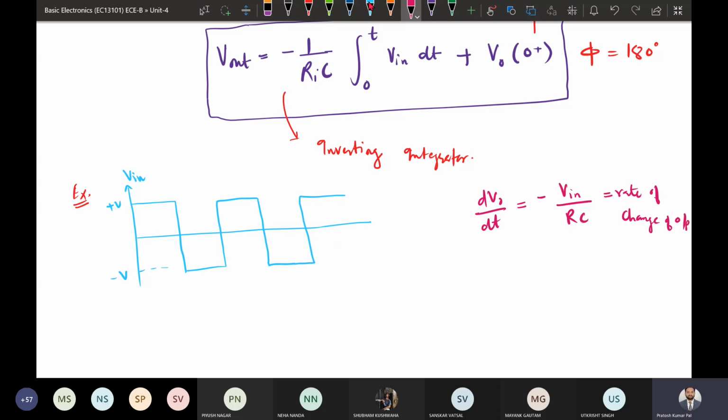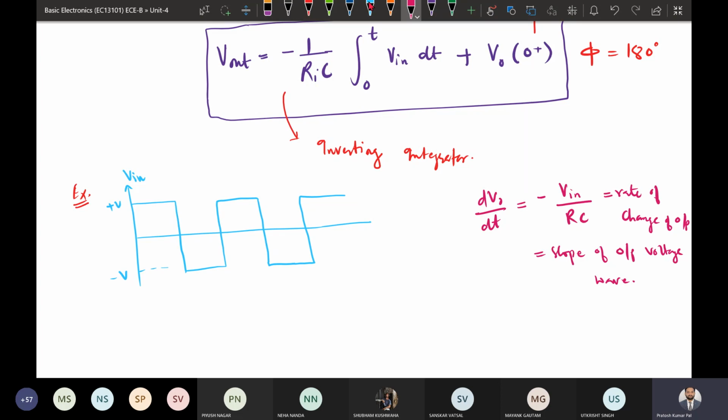So output will be changing with this rate, or we can call it the slope of the output voltage waveform. So the output voltage will have a slope of minus V in by RC. Okay, so it will have a negative slope.